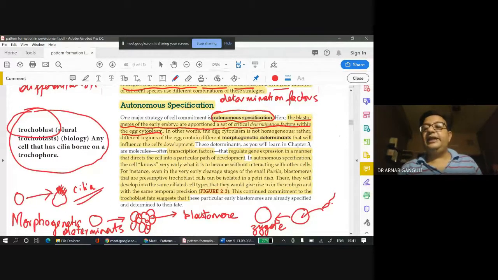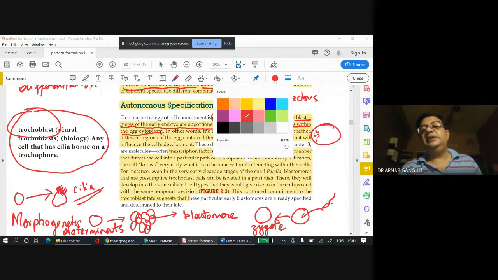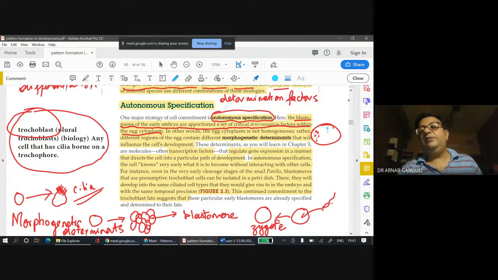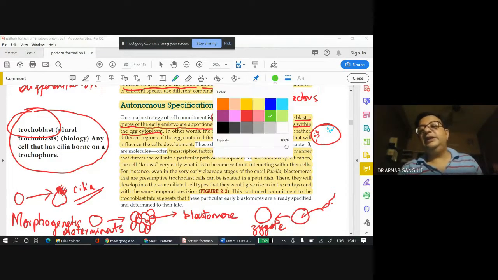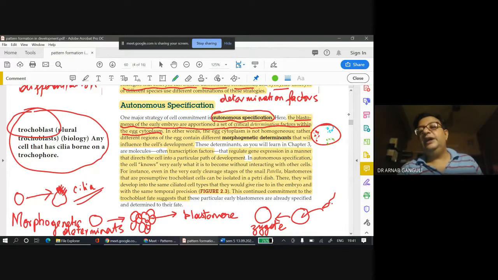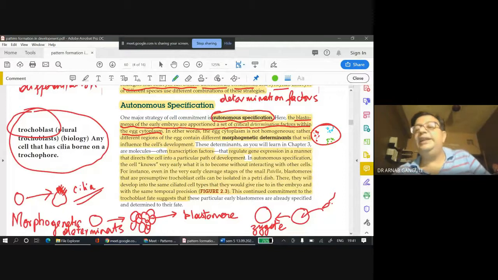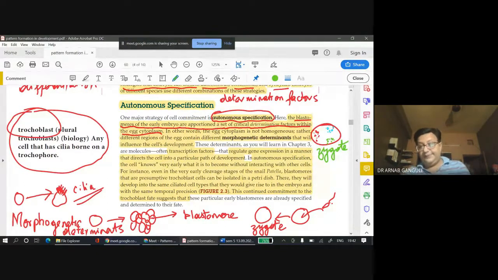Say this is a morphogenetic determinant over here. Let's take a different color. Another morphogenetic determinant is over here. Let's take another color. Another morphogenetic determinant is over here in the egg, in the zygote. This is the zygote.